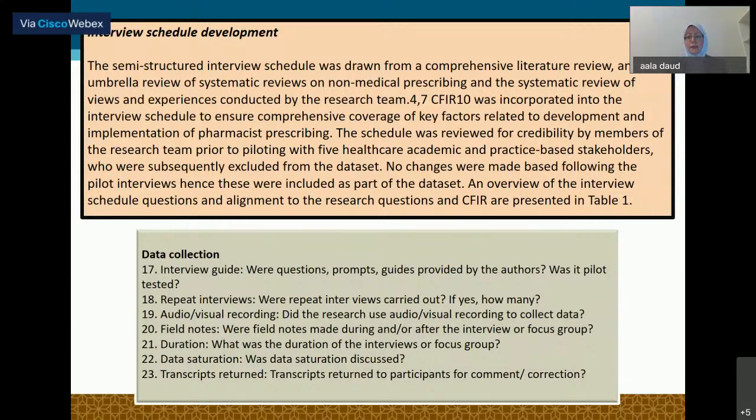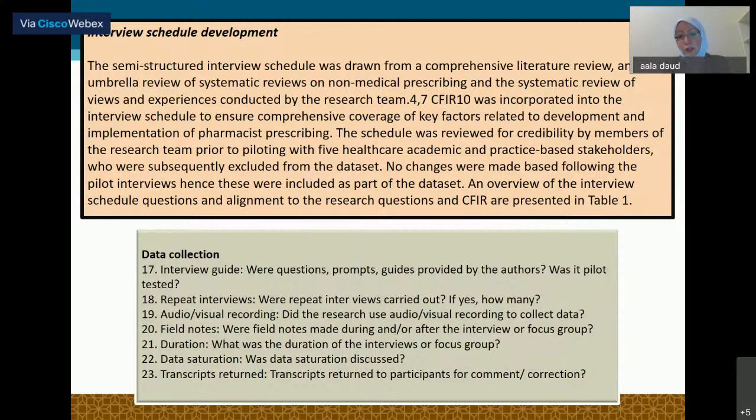Okay. So yes, I can see some comments starting to come through. It was piloted, correct. So the first point in that checklist, was it pilot tested? Yes, it was. Number 17.